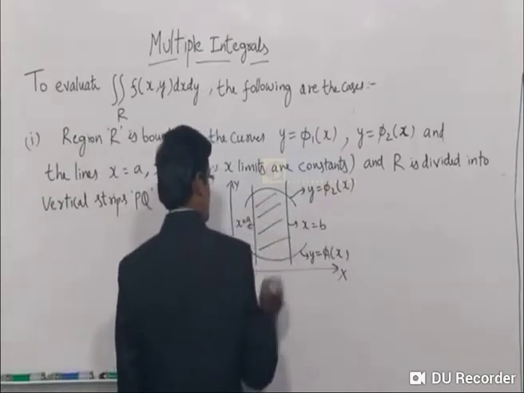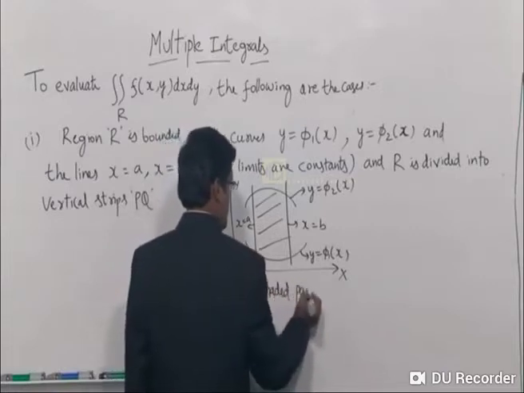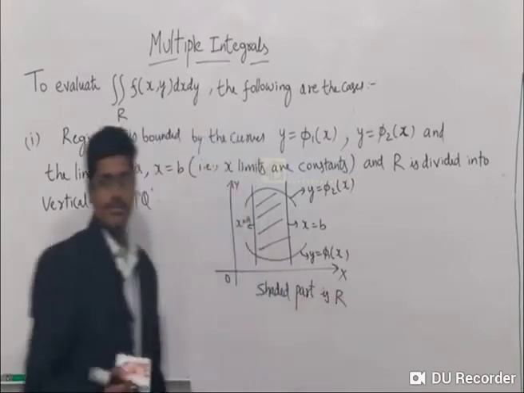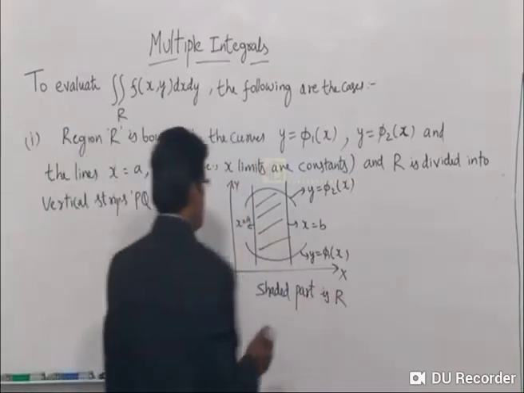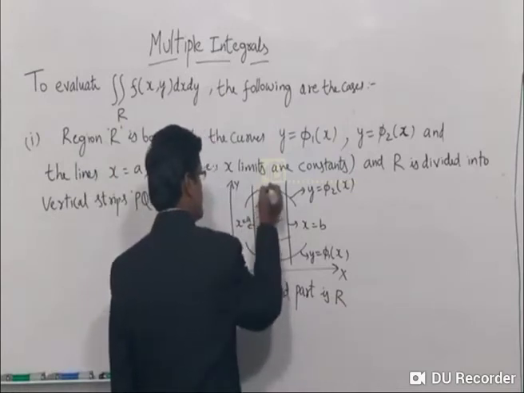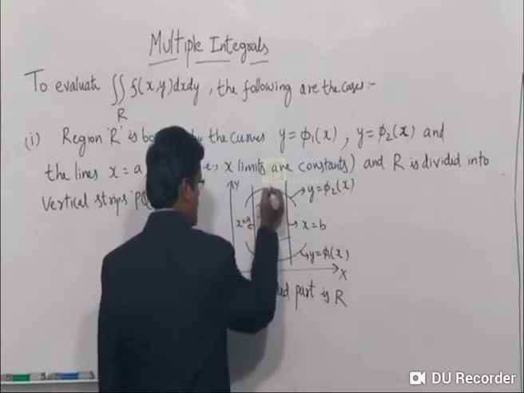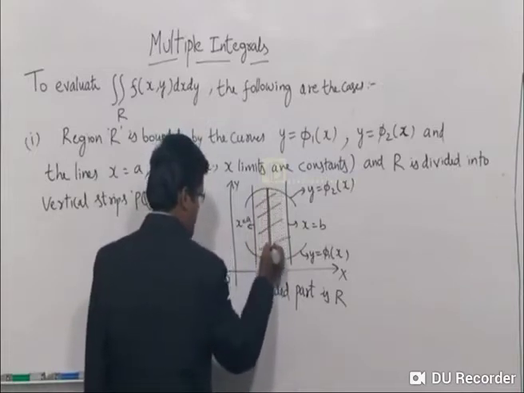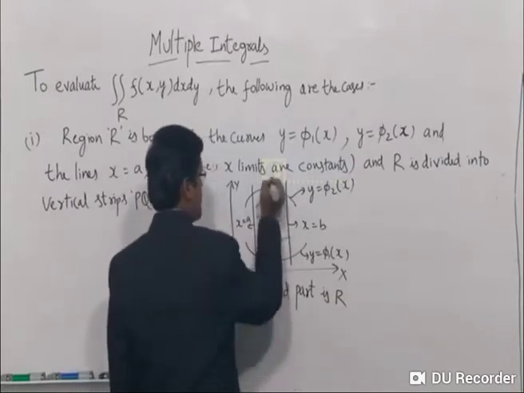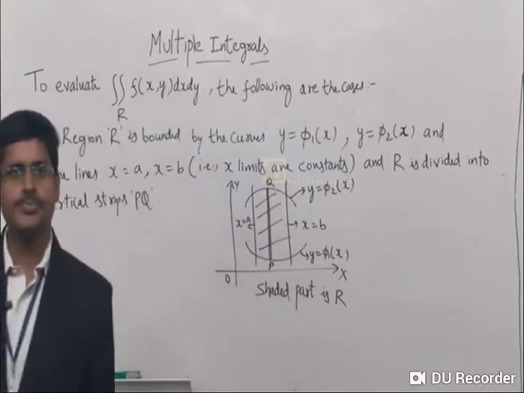And this shaded part is capital R. Okay, so in this I am taking two standing lines with a small distance between them. This is generally called a vertical strip PQ.